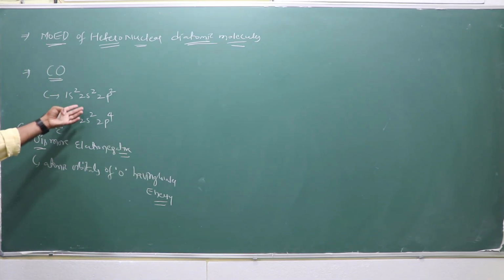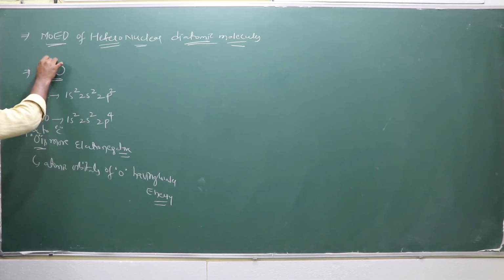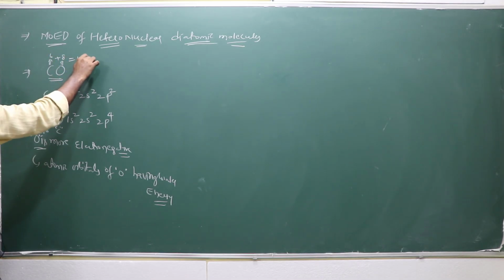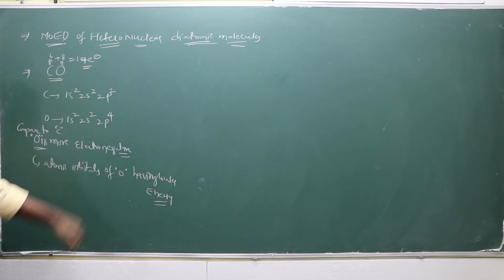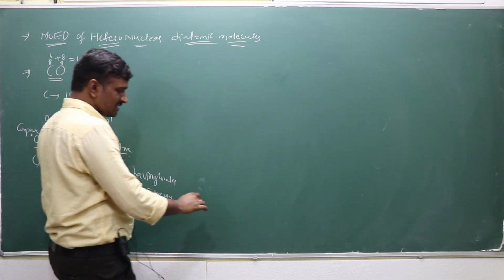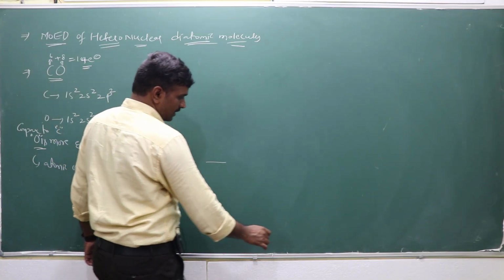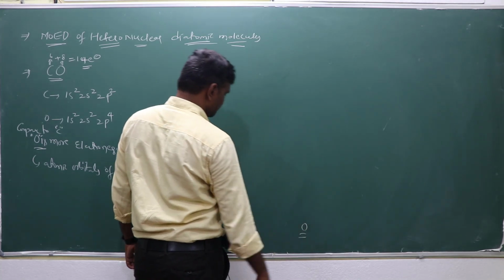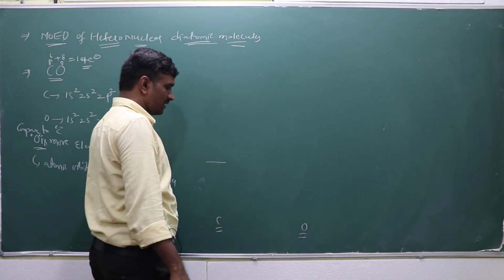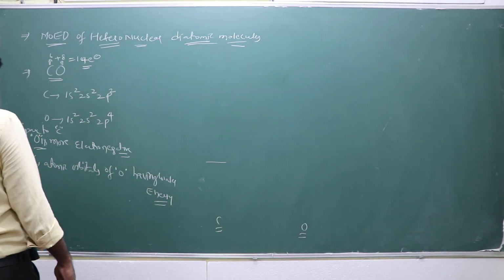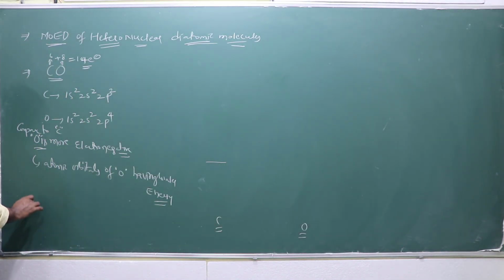Right? So how many electrons in total? This is 6 electrons and this is 8 electrons, so 6 plus 8 is 14 electrons in total. Or you can see the energy level diagram of carbon as well as oxygen. If we ignore the KK energy levels, a total of 14 electrons are there.